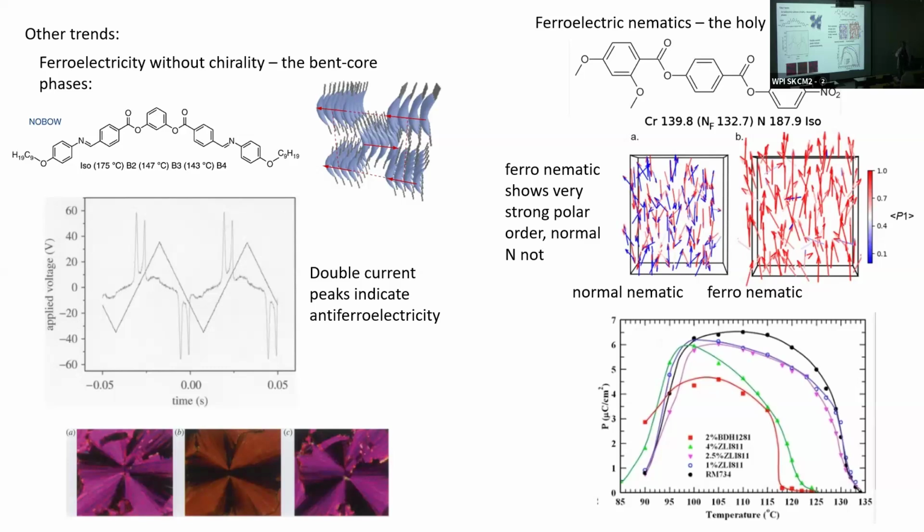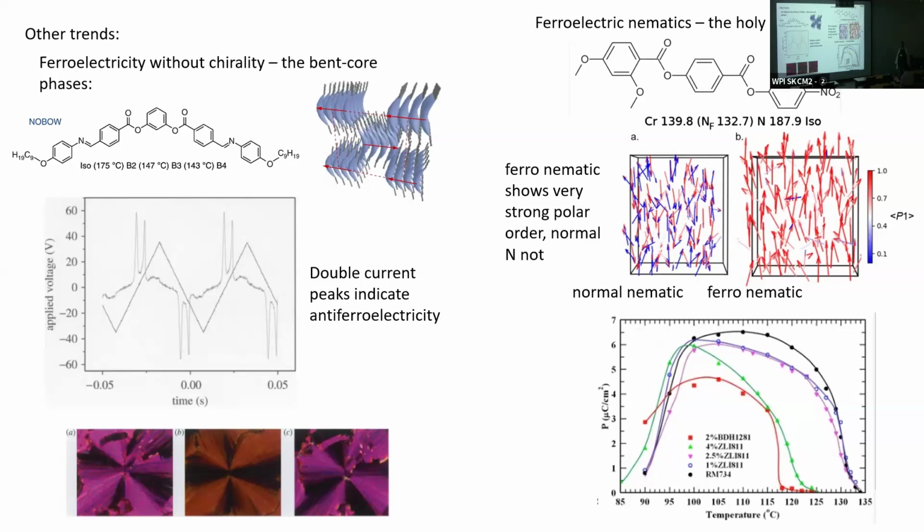So that would be anti-ferroelectric behavior, which you can see with the double current peaks here. Or you can see it also here where you switch the Maltese cross from one position to the other. Whereas when you turn the field off, that's your only stable state actually.